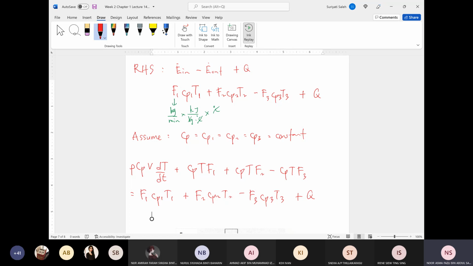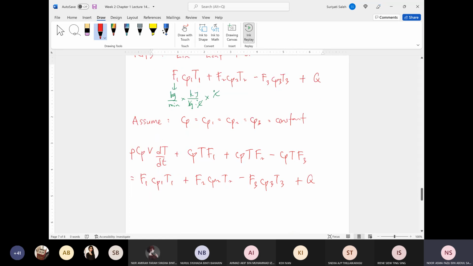So this is the complete version of the energy balance equation.